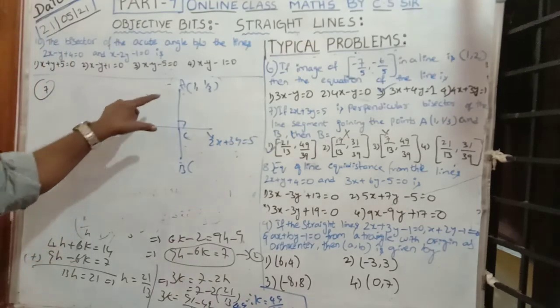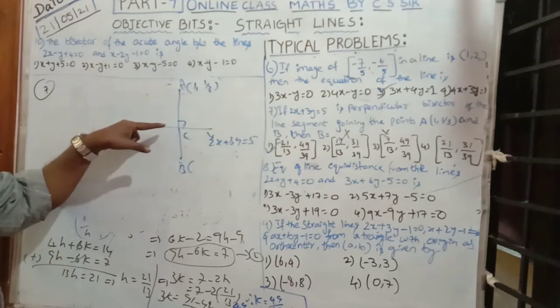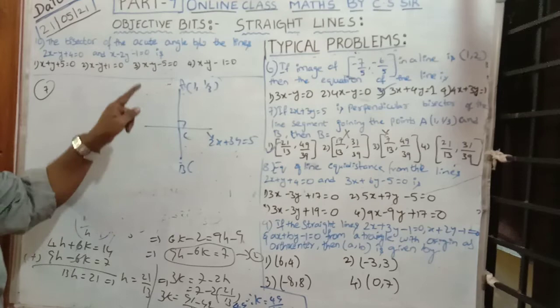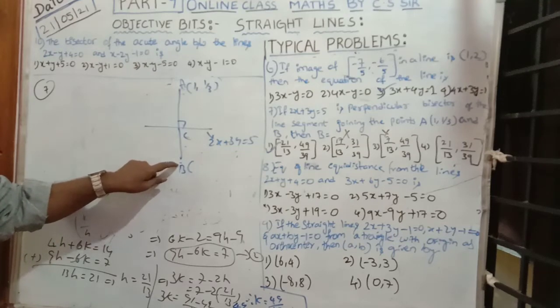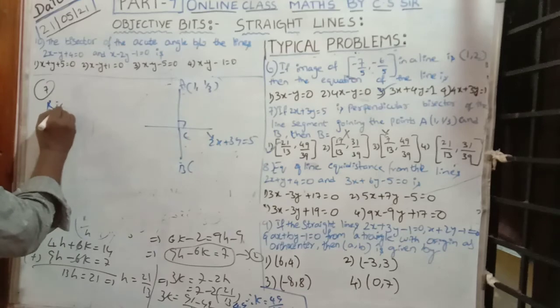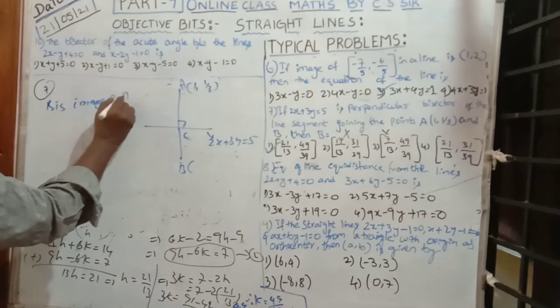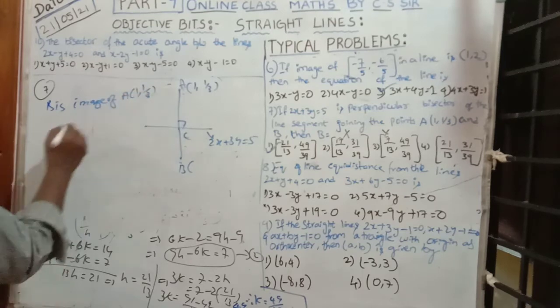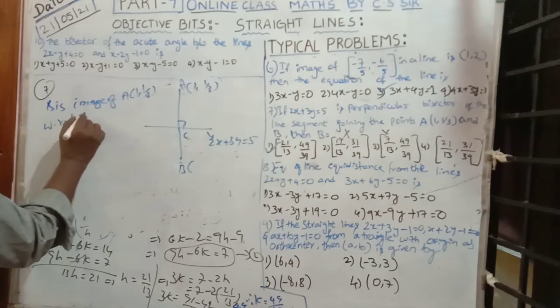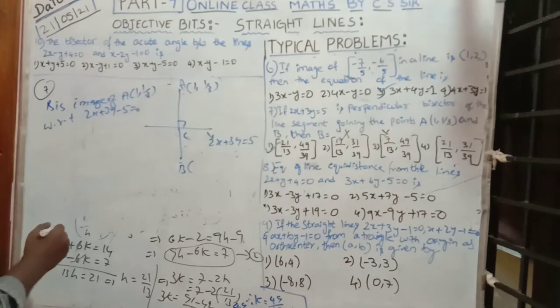Now you see, this is a perpendicular bisector in reverse order. B is the image of A with respect to 2x plus 3y minus 5 is equal to 0.